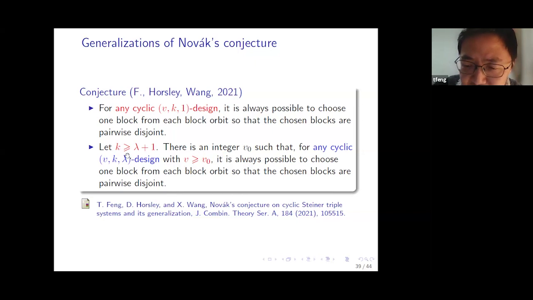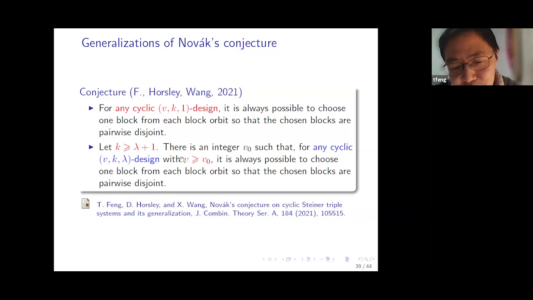For example, we can take cyclic STS 7. We know it's a Fano plane. Any two lines must intersect. We can take two copies of the Fano plane, and for any two lines, they still intersect. So it cannot form a disjoint difference family.